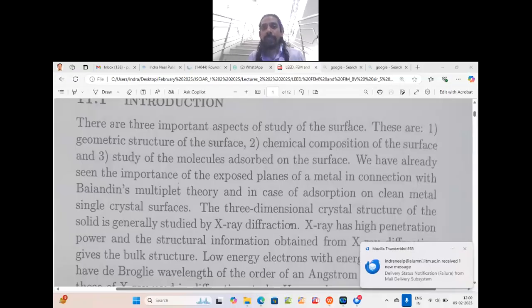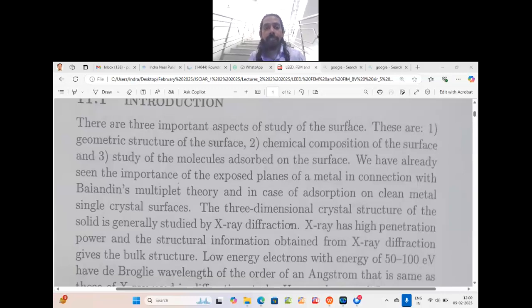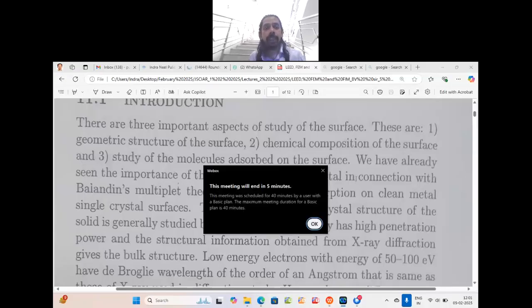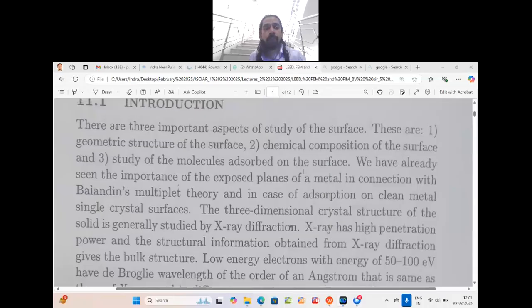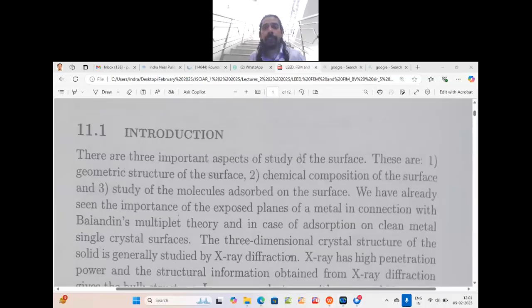Of course, it's not LEED, it is selected area electron diffraction, SAED. The governing principles and interpretations have coherence and analogy that we can always carry from each of these techniques. Today we are going to learn about the surface analytical technique called LEED, low energy electron diffraction.